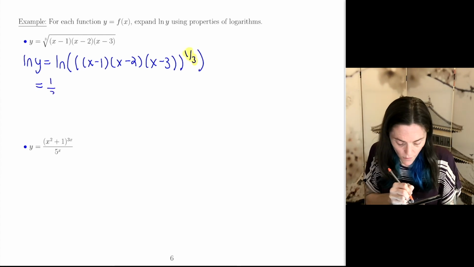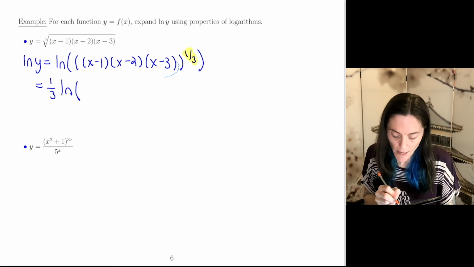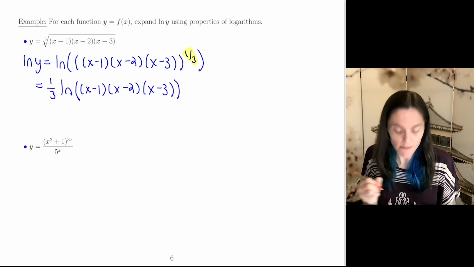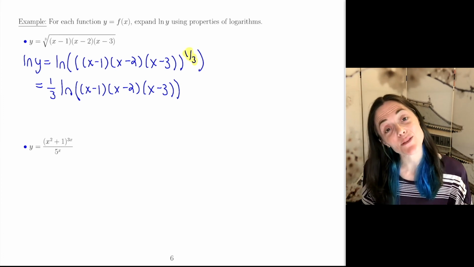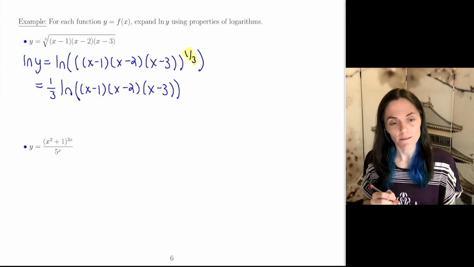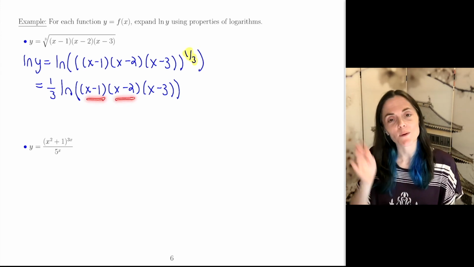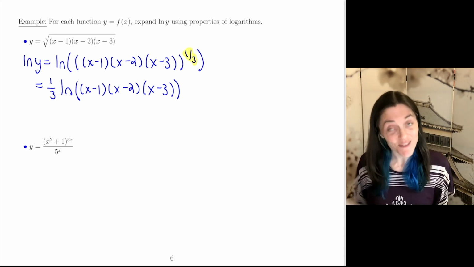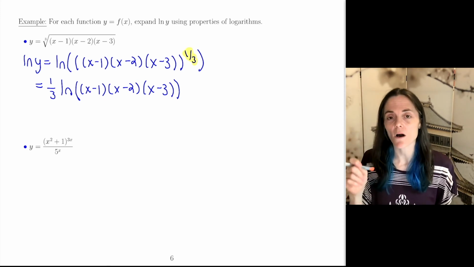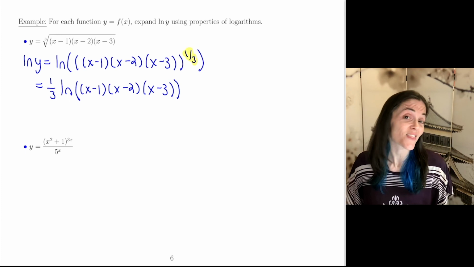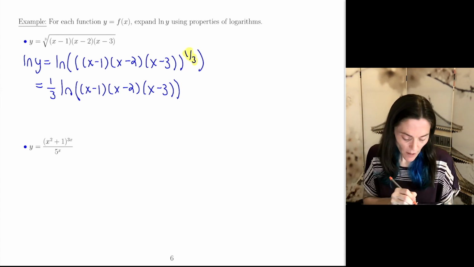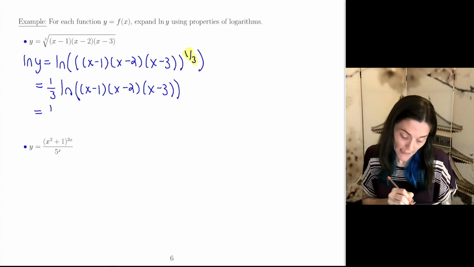This is 1/3, and then ln of, well, I can copy and paste, it's all of this. The question is, what do I do next? Well, I see a product. I have 3 things multiplied. So I stated the property in terms of, if you have 2 things multiplied, you can break it into a sum. If you have 3 things multiplied inside of a log, you can break it into a sum of the 3 terms. And this would be our next step.